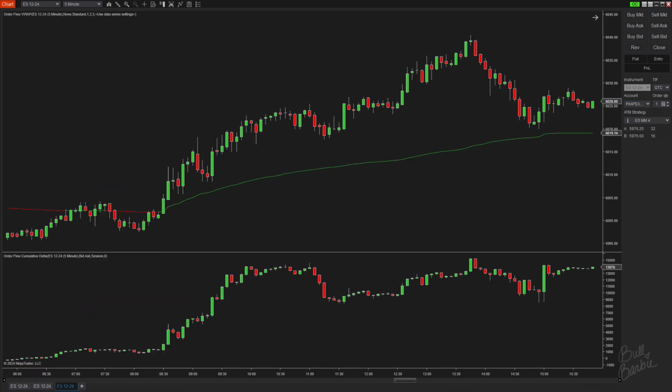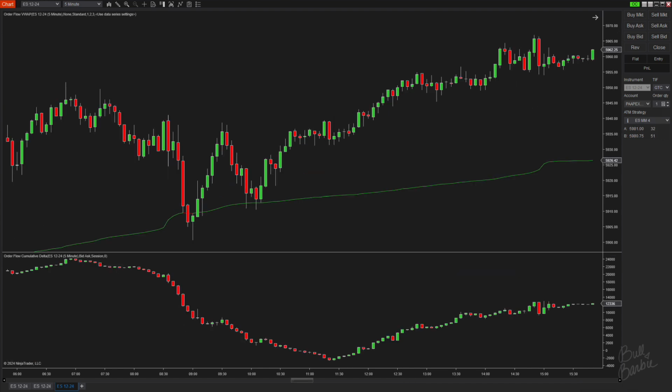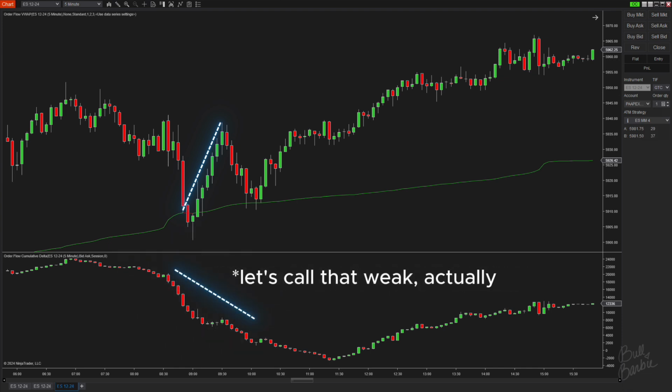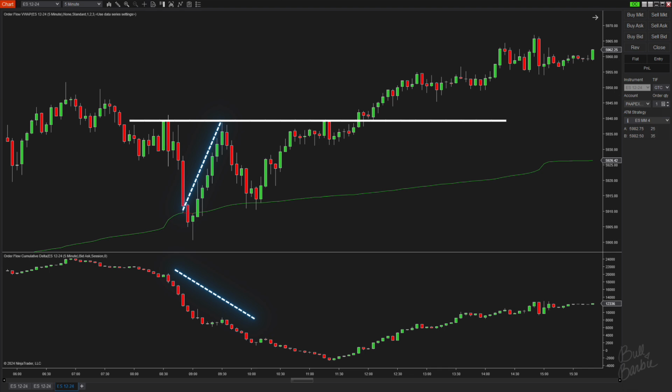Here's an example of a day with no notable divergence to speak of. Price and the order flow cumulative delta are following the same general swing highs and lows. However, on the prior day, price made a new trending swing high while the delta was relatively flat and just sort of double topped right at 60.40, which was a resistance and a price target level, offering some confidence in scalping a short from this level, which ultimately gave around 20 points.